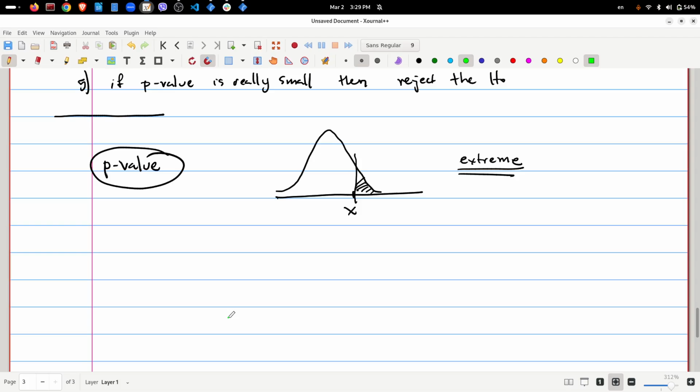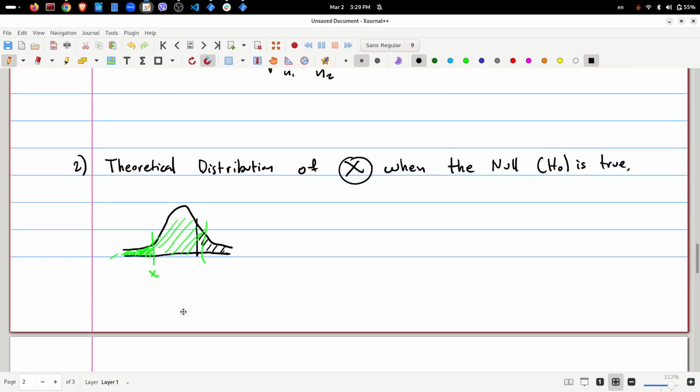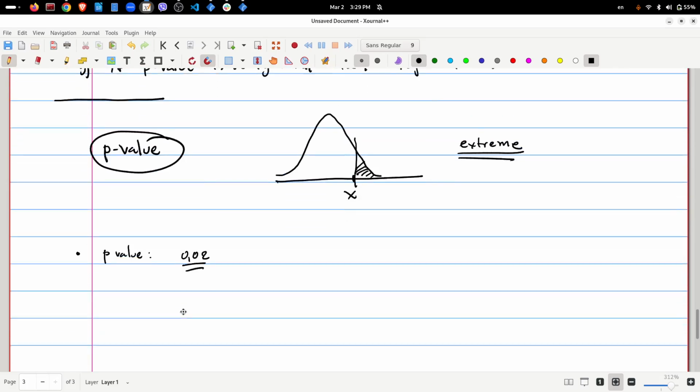So these are the steps of hypothesis testing, and whenever you read in a paper that we performed a test and we found that the p-value is, let's say, 0.02, and therefore we reject the null hypothesis, then all the steps have contributed to get this result.